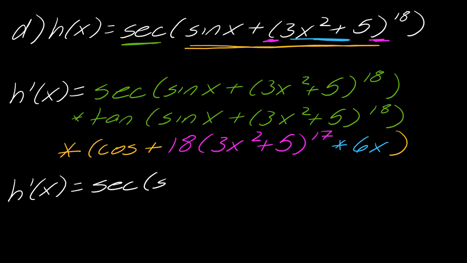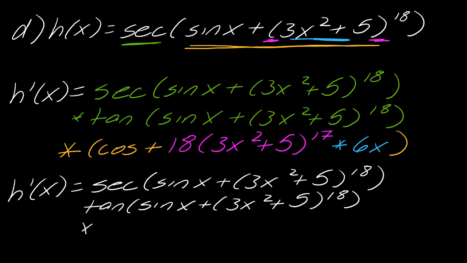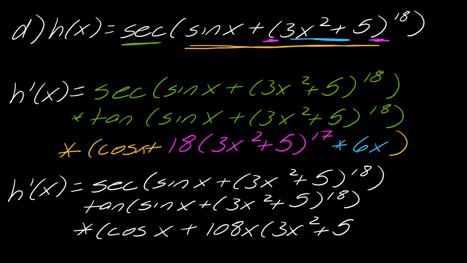So I have secant of this whole crazy long thing, and then secant, tangent, and then times cosine of x, oops, I dropped the x, my bad, cosine of x plus 108x times 3x squared plus 5 to the 17th. And so there's your derivative. That one's a little tricky.